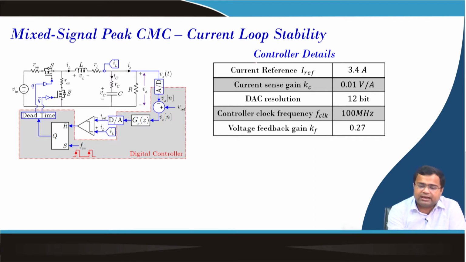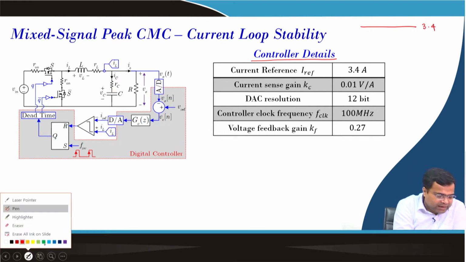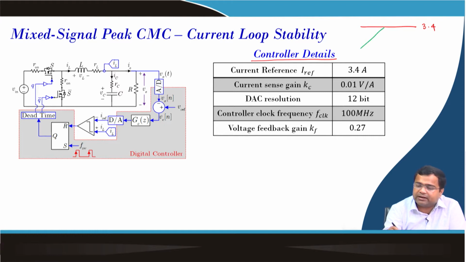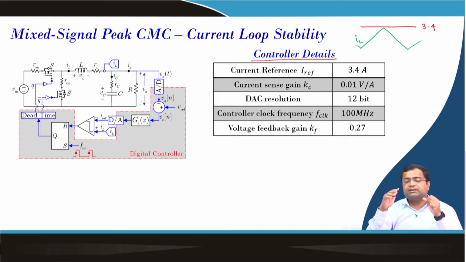So, instead of a controller, it is the hardware details, where we are using a reference peak current. That means we are applying a peak current which is 3.4 ampere, and we are comparing the inductor current with this peak current. So, 3.4 ampere is the physical current, but in the actual implementation there will be a current loop gain and so on, so the number will vary, but when I show the experimental result, it will show 3.4 ampere.